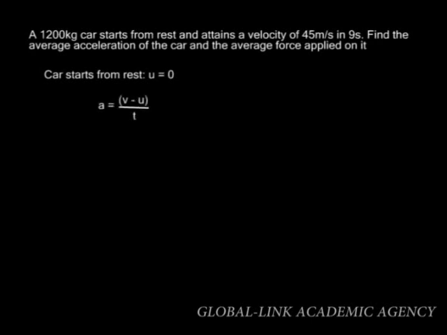Acceleration is equal to (v minus u) over t, which is equal to (45 minus 0) over 9, and that gives us 5 meters per second squared. From the expression F is equal to ma, force is equal to 1,200 times 5, which gives us 6,000 newtons.